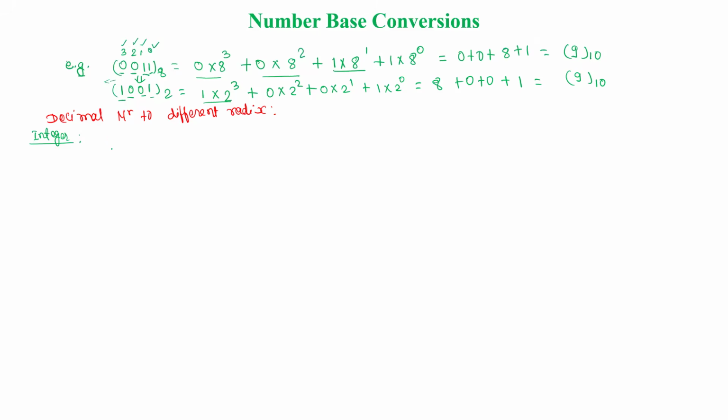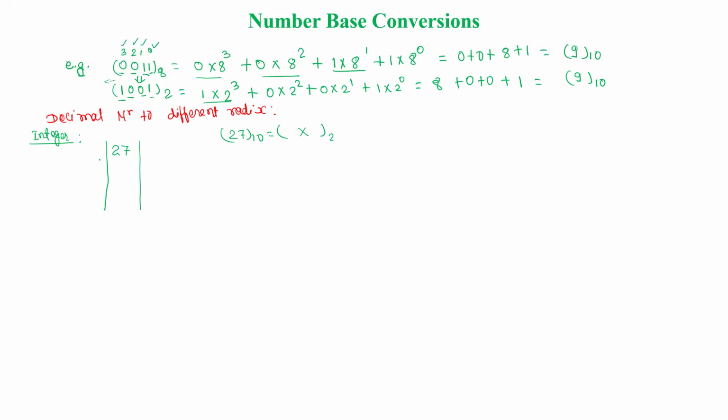Suppose we take 27. This 27 is the decimal value and we have to convert it into binary. So we have 27 with radix 10, and we have to get its binary equivalent. Here this is the unknown.